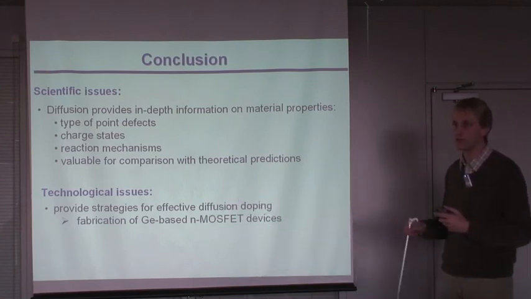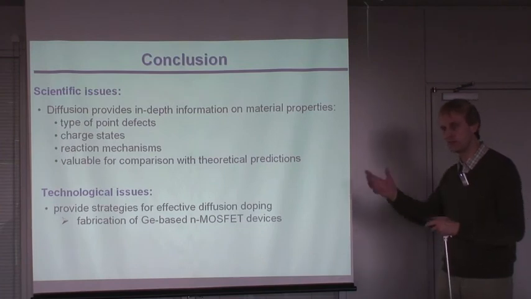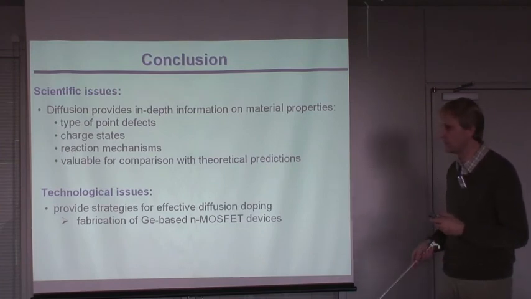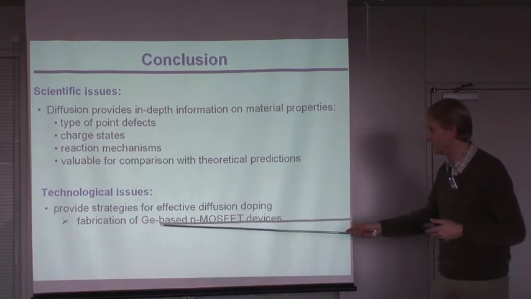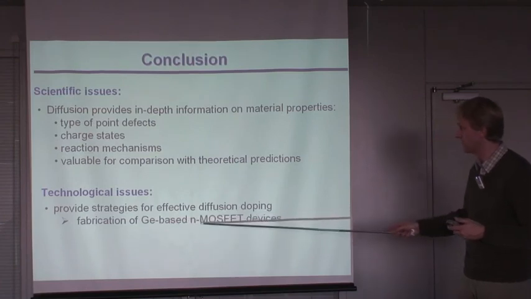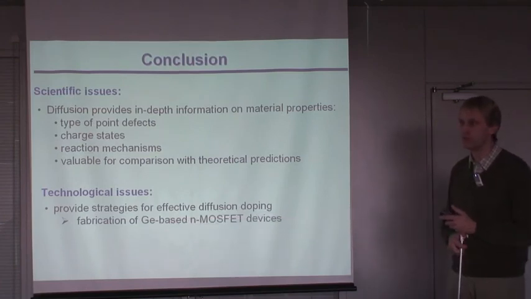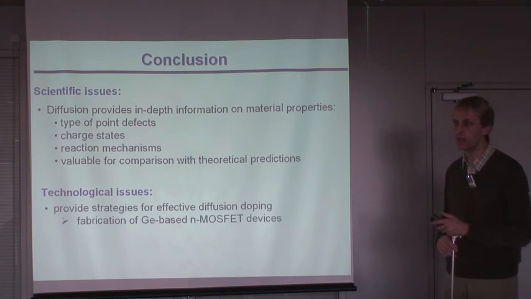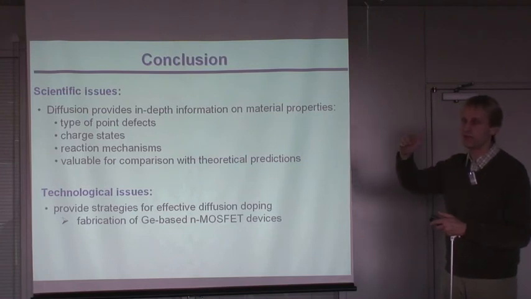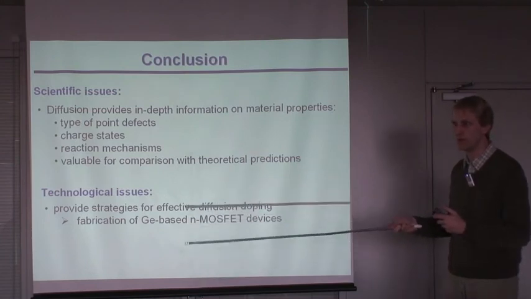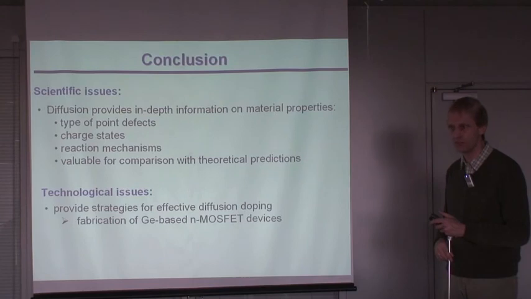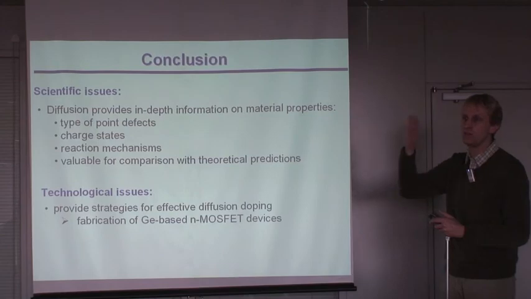And in particular, the last thing you saw, the switching between a vacancy and interstitial diffusion mode, is very, very promising for the fabrication of a fully germanium-based N-channel MOSFET, which could not yet be realized due to the enhanced diffusion of the N-type dopants and the strong deactivation of the N-type dopants at high doping levels. But with the switching which you have by the irradiation, if you now do an annealing under irradiation, you can suppress the N-type dopant diffusion and you get at the same time a higher activation.